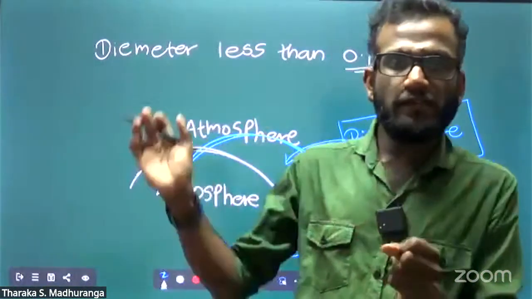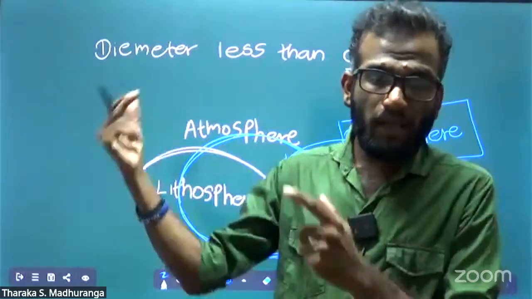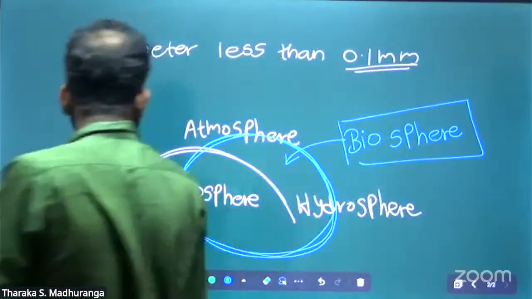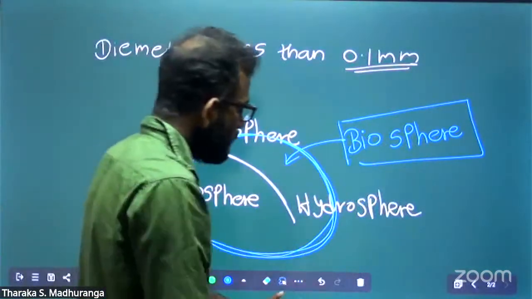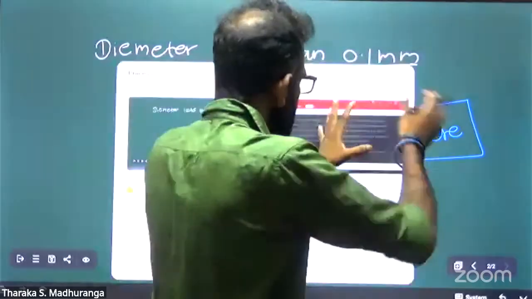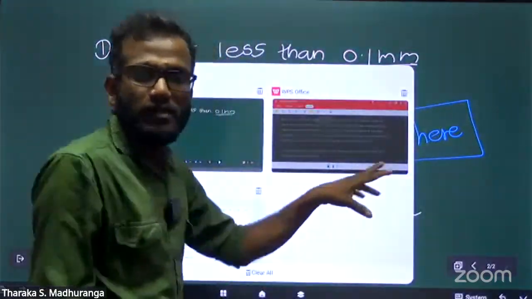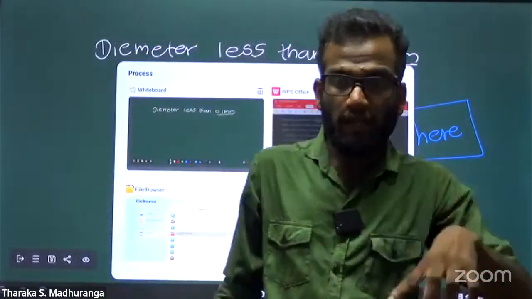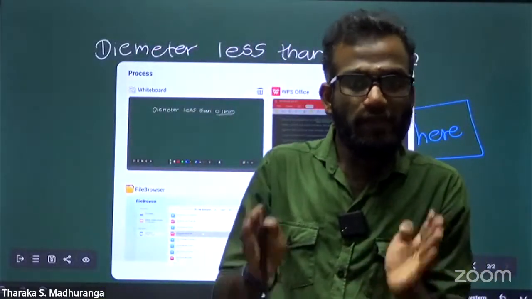What are the cycles? How do these atmosphere cycles interact with the lithosphere and hydrosphere? Everything we discussed. These are the spheres, and the areas where living things survive and live are what we call the biosphere.